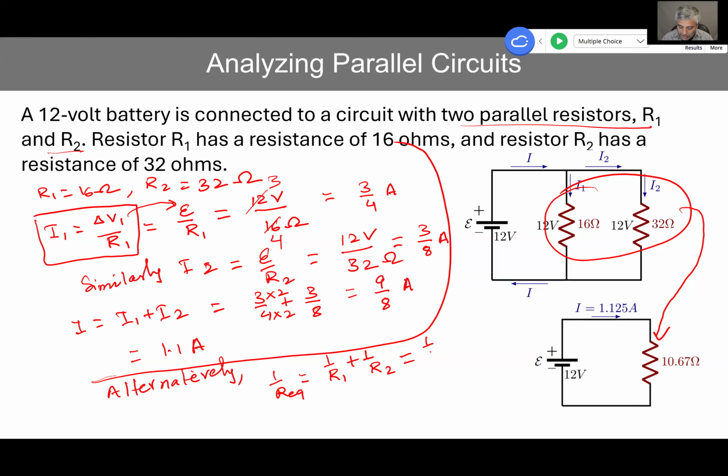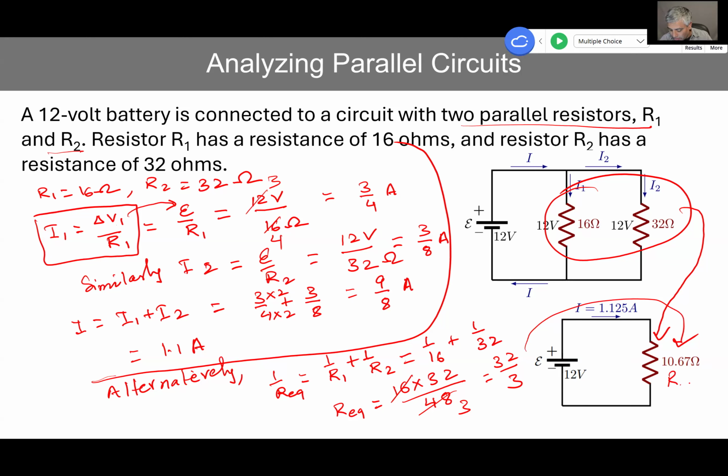That means 1 over 16 plus 1 over 32. So for R equivalent, when there are just 2, we can just multiply those two and divide by the sum. So 48, 32 divided by 3. It looks like that's going to be like that. Okay, so this is R equivalent.